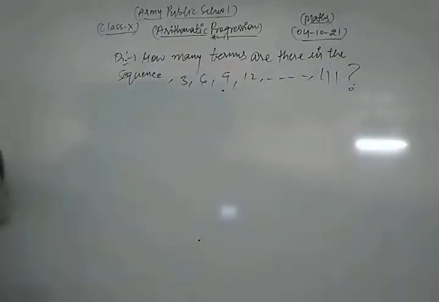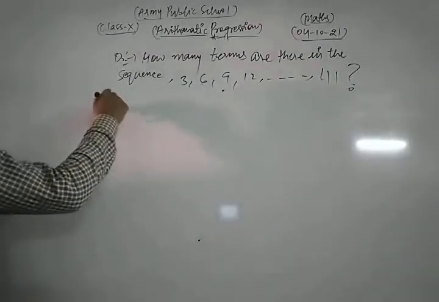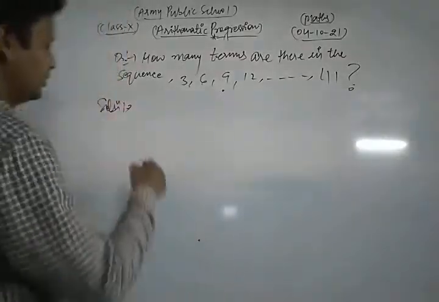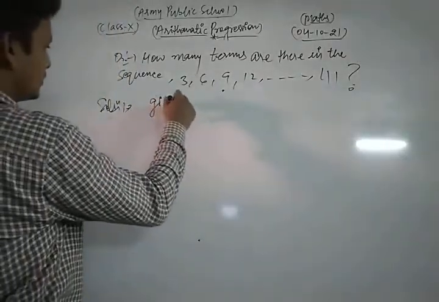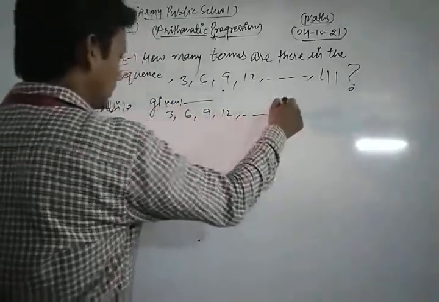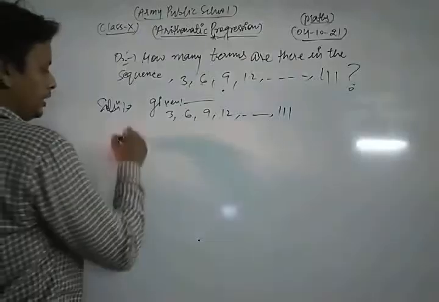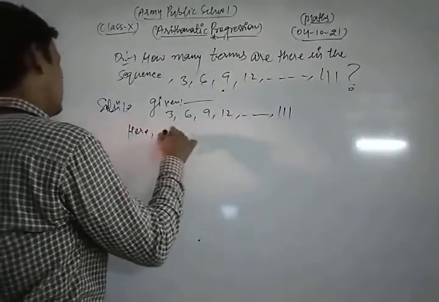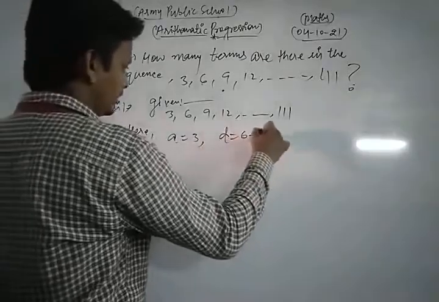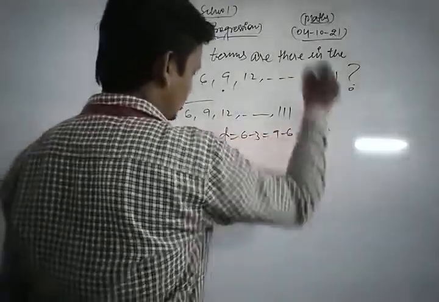So what do I do for that question? Let's see the solution. First of all, we write the given progression: 3, 6, 9, 12, and also 111. Here the first term is 3. The common difference is 6 minus 3 or 9 minus 6, which is equal to 3.